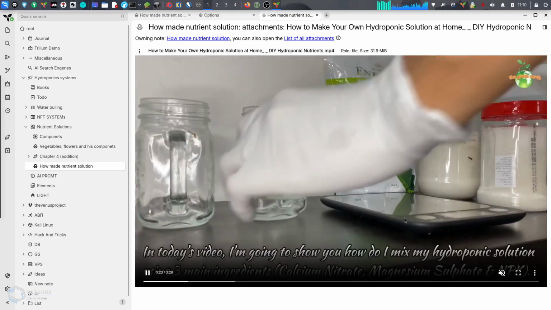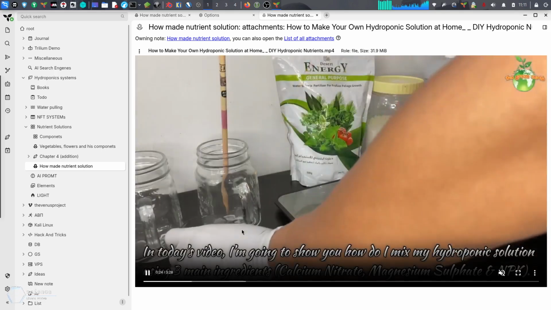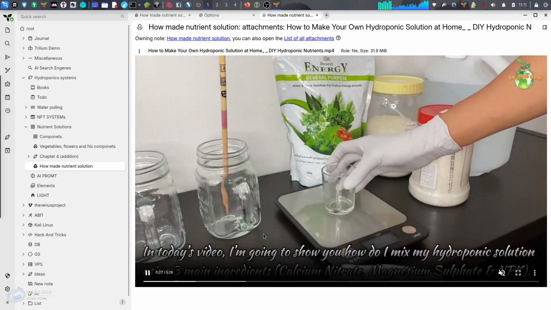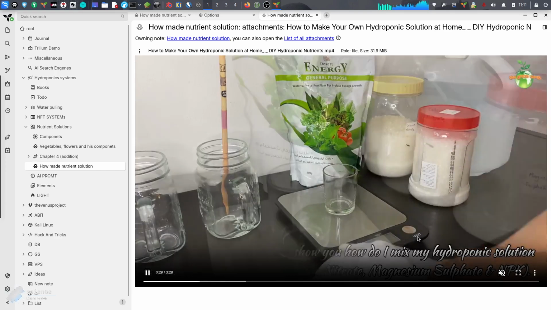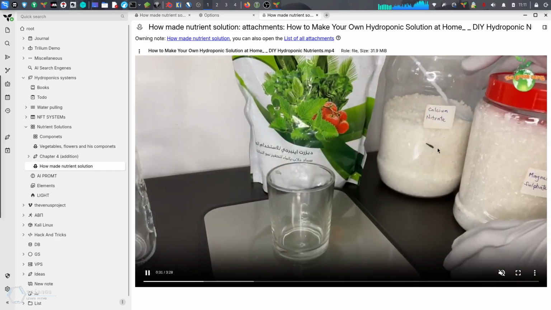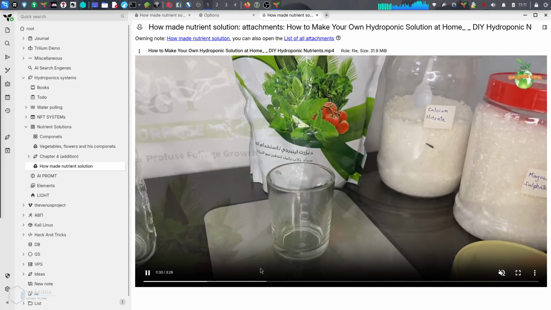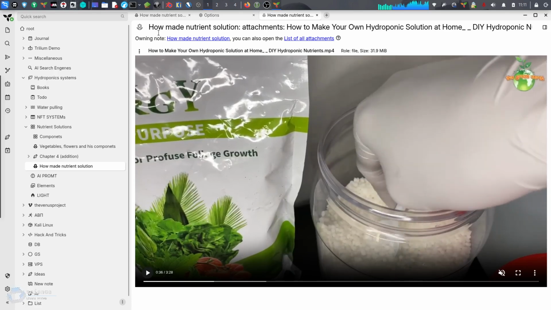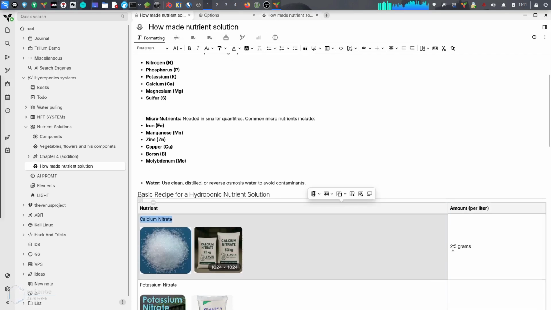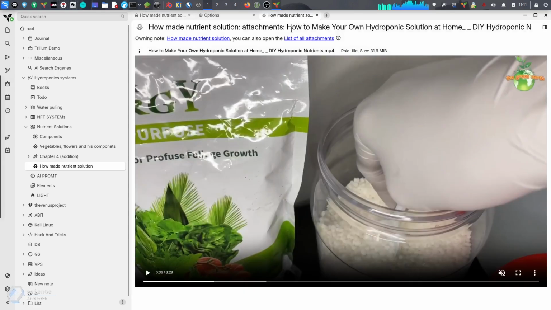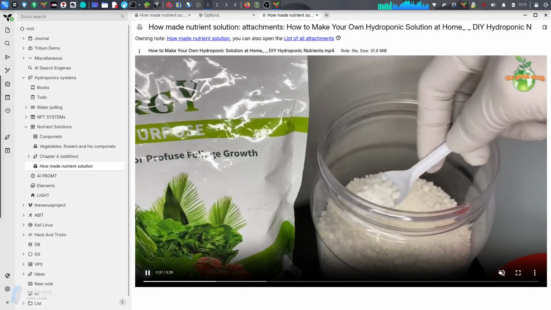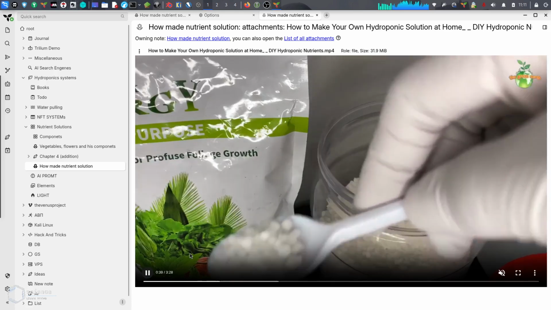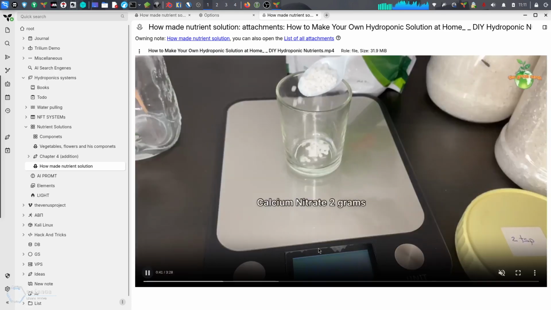Here's a digital scale. Okay. Calcium nitrate. He adds in grams 2.5. Let's check how much he had. 2 grams.